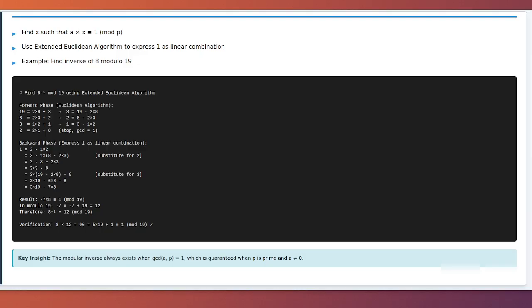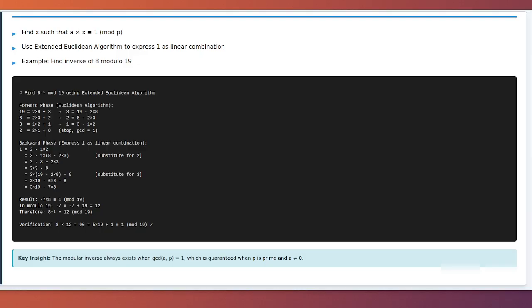Substituting for 3 from the first equation, 1 equals 3 times (19 minus 2 times 8) minus 8. This equals 3 times 19 minus 6 times 8 minus 8, which simplifies to 3 times 19 minus 7 times 8. Rearranging, negative 7 times 8 plus 3 times 19 equals 1.